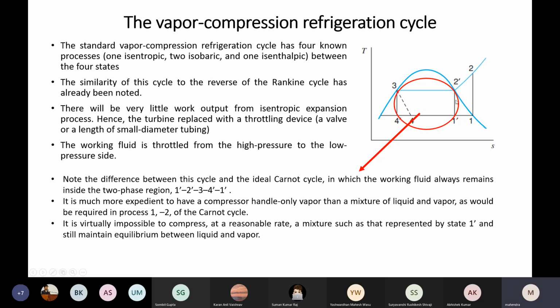But it is not possible to compress in such a way. That is the reason we are going further over here. We are making it at least saturated vapor, and then we are compressing it. So in both cases, the refrigeration cycle and the Rankine power cycle, we cannot follow the Carnot engine.